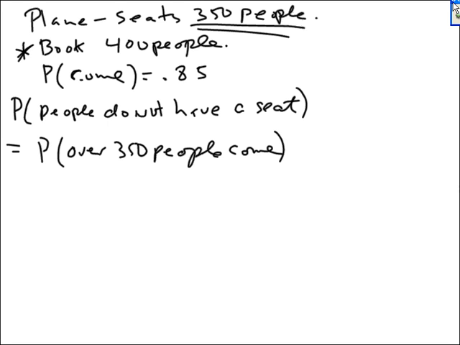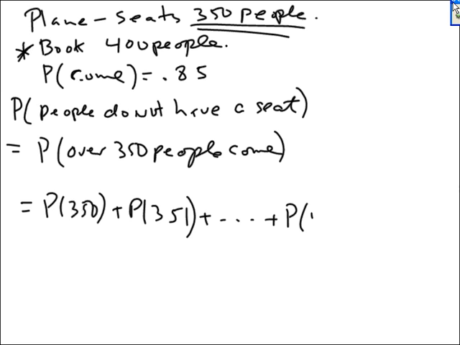Okay. So what's the probability that over 350 people come? Well, you book 400 people, so you have to find the probability that 350 people come, plus the probability 351 come, all the way down to 400 coming.